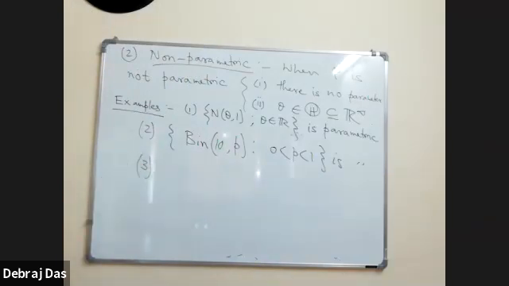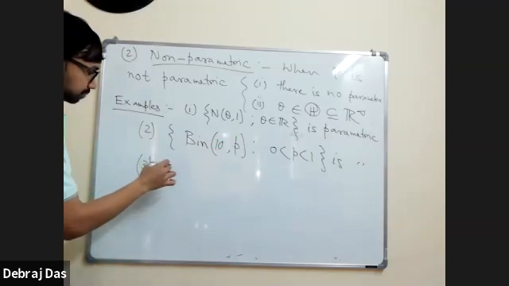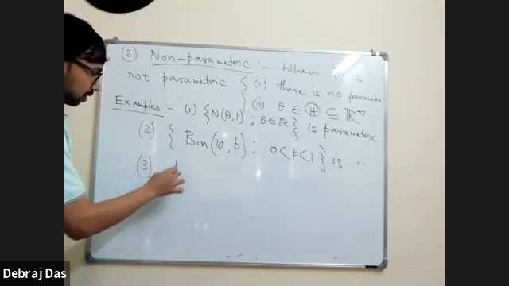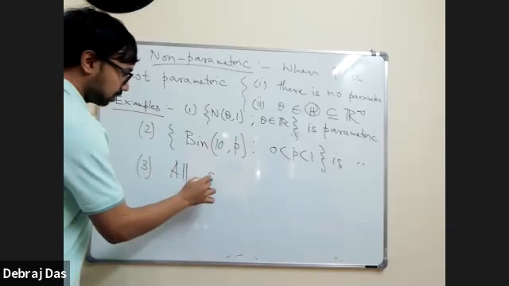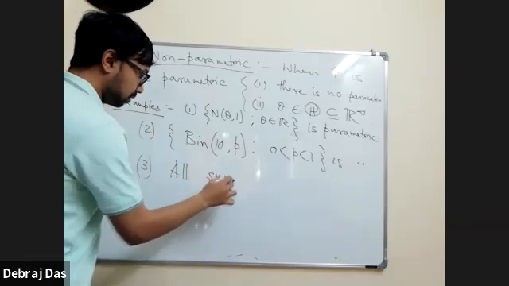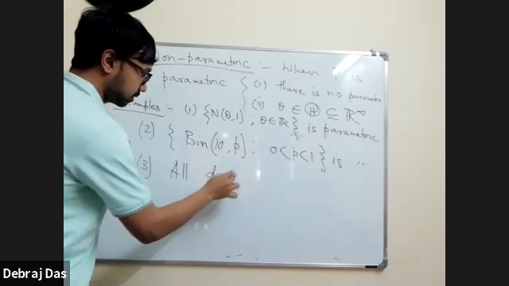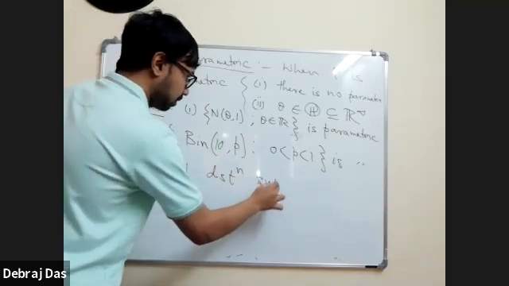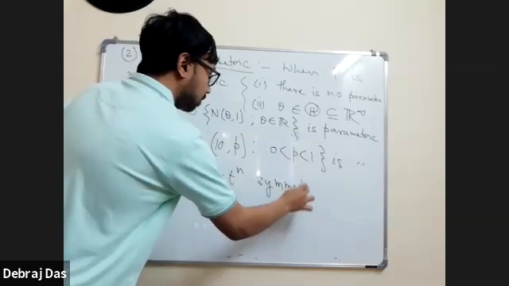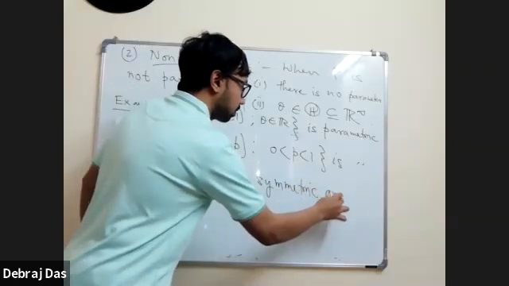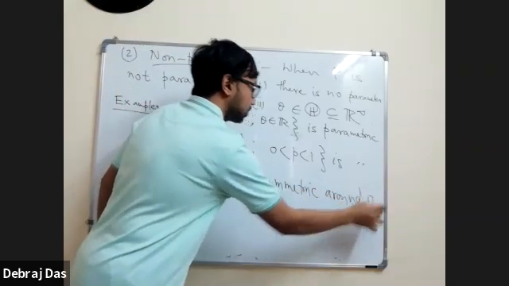Third one, all distributions symmetric around 0.